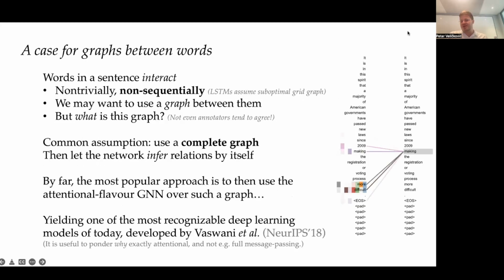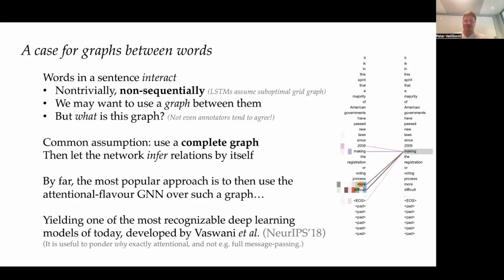So in a natural language context, you are typically interested in modeling sentences of words and then doing something over those sentences, like translating them or predicting the sentiment, is it positive or negative or something like that. And generally, you can observe that words in a sentence interact, right? You have subjects and objects, you have adjectives that act on the words they act on, and so on.